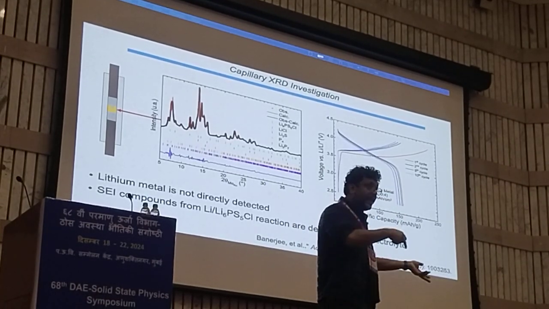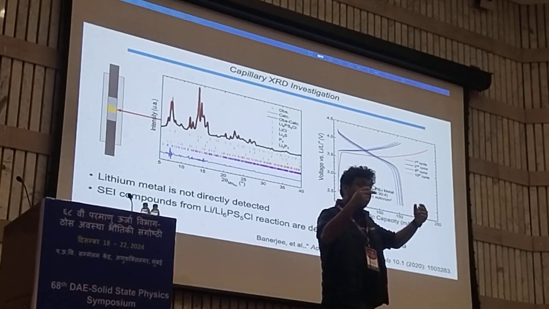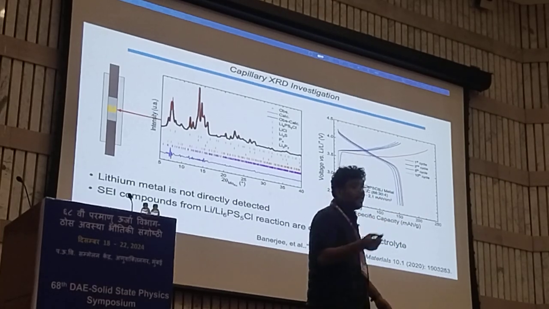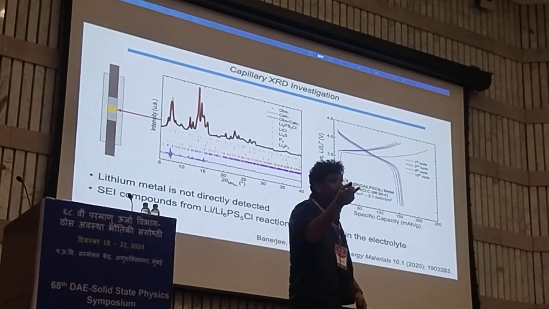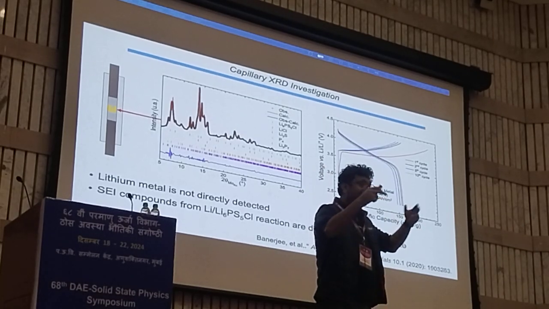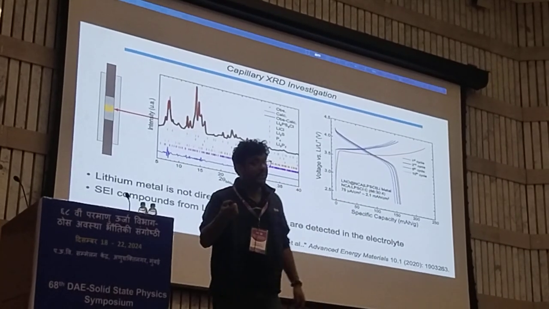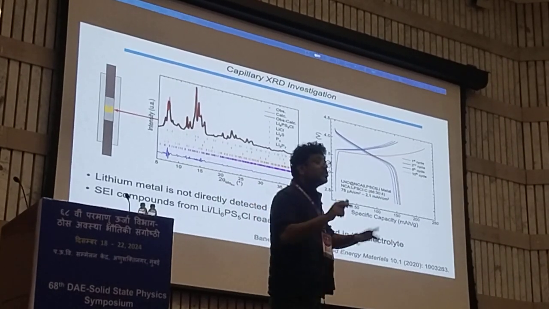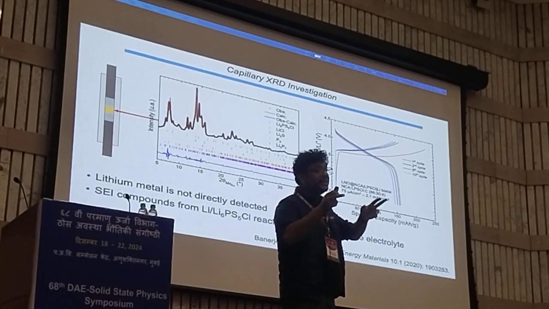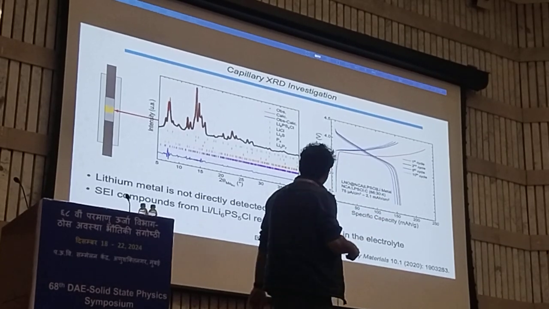So this is an indirect way to justify how the lithium dendrite happens, and that is how the cell shorts. And for some of the cells that we cycled before, which we could not cycle because the cell shorting happened, if we can control the pressure, we are able to cycle the cell for a very long time. So when you work on lithium metal, being very soft in nature, the stack pressure is extremely important if you really want to cycle your battery for a very long cycle life.